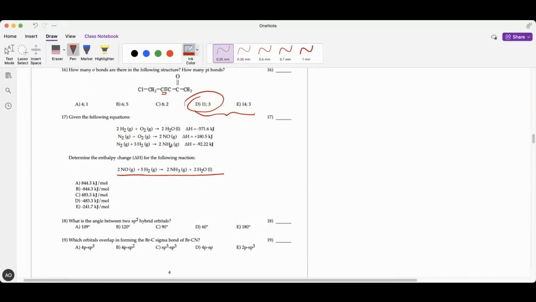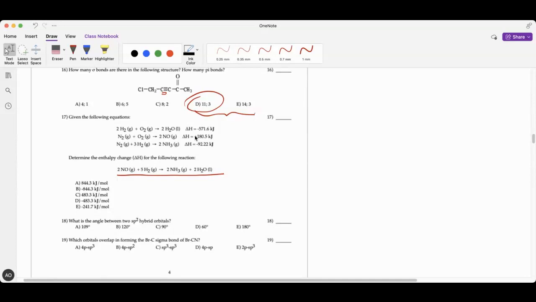So what we want to do is manipulate these reactions so that when we sum them, we end up with this overall reaction. But remember, if we reverse a reaction, we have to change the sign of delta H. If we multiply a coefficient by a number, including a fraction, we would do the same with delta H.